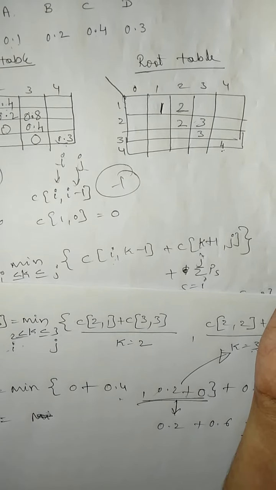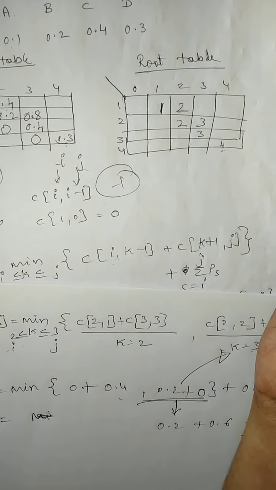Similarly, k value 2, it is C[1,1] plus C[3,3]. Next, C[1,2] plus C[4,3]. Plus the combined probabilities 1 to 3: 0.1, 0.2, 0.4, so it is 0.7.